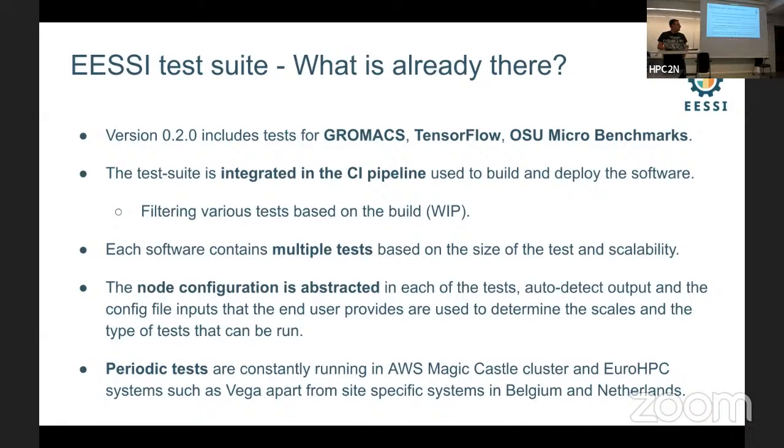It shouldn't. But also on some of the bigger Euro HPC systems, like on Vega in Slovenia, and also a system in Ghent and at Surf, the test suite is being run basically on a daily basis. So we're already using this for periodic testing, even though we have a limited number of tests. So we're building up the experience there as well and seeing how that goes.